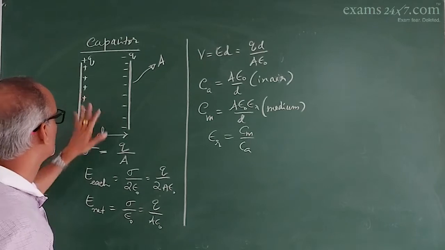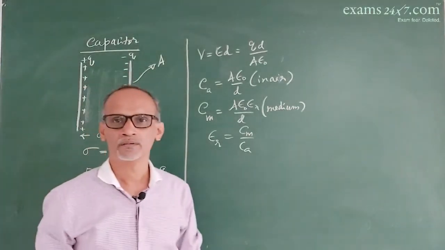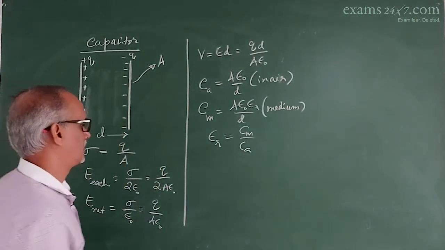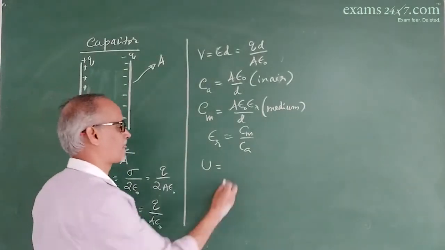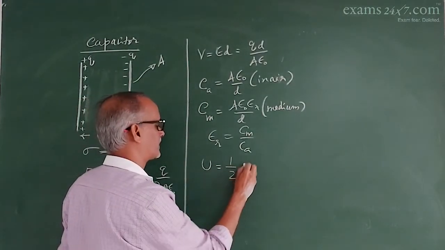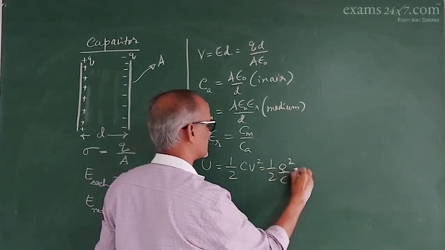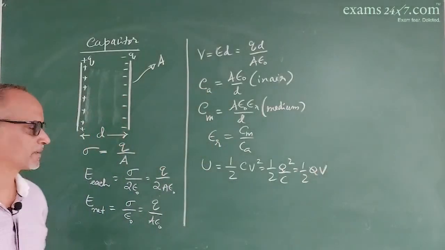And once it is charged, with a dielectric, we can store energy between the plates, and that energy stored, U, is given by half CV square, half Q square by C, half QV. So that is the energy stored in the capacitor.